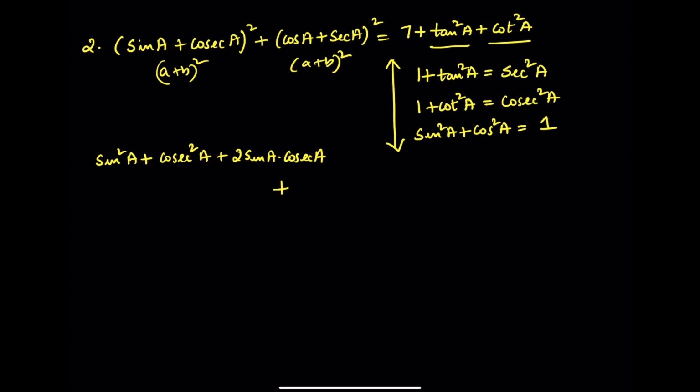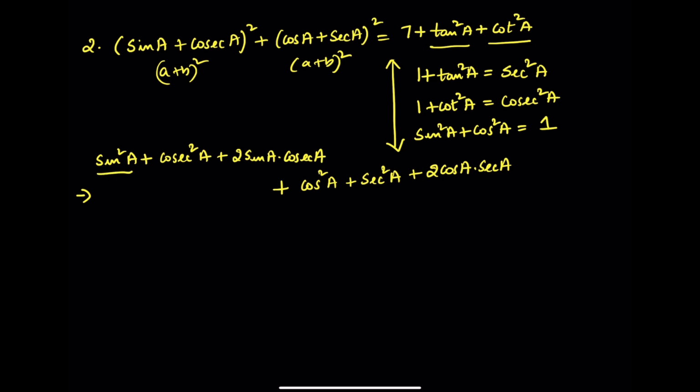plus, let's apply (a + b) whole squared to the next part now. This will be cos² A plus sec² A plus 2 cos A sec A. Now let's start grouping the things so that we can cancel a few things or substitute with trigonometric identities.